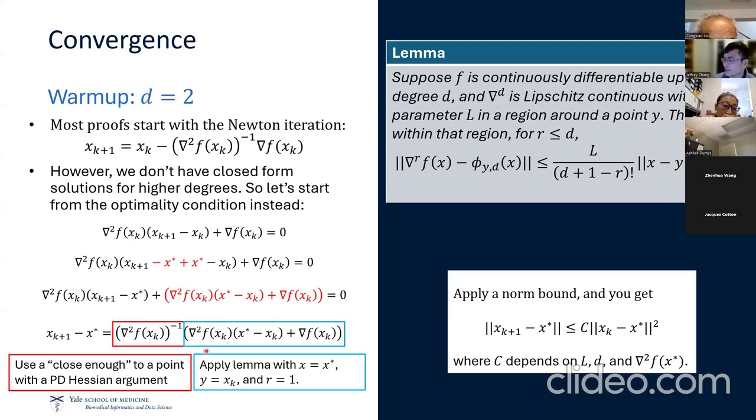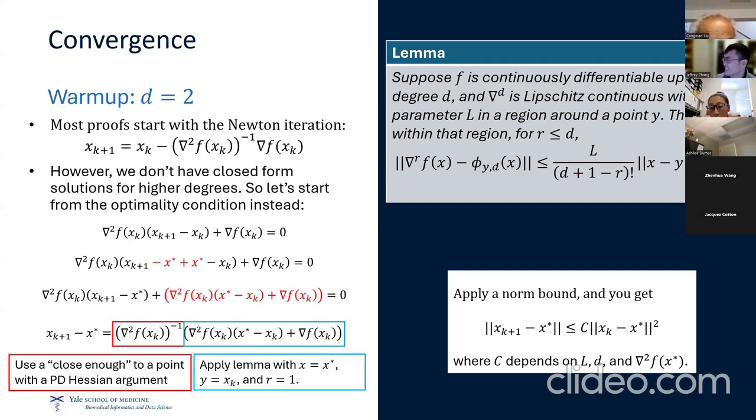So in this particular case, if we're looking at the Taylor expansion of degree 2, it'll be some far away from the actual gradient at x star. So you replace this with 0. This is this term here. And then the constant in the front, we don't really need it too much.